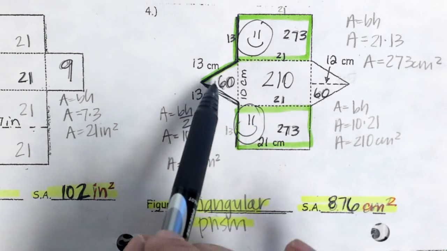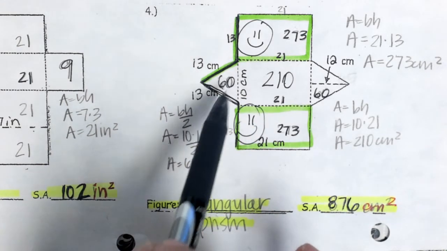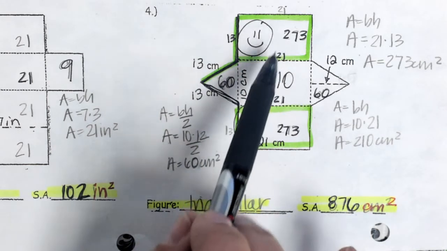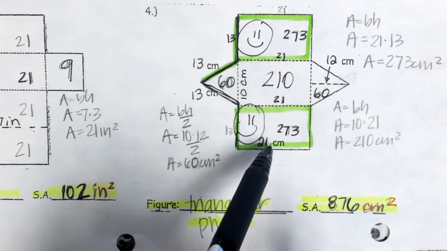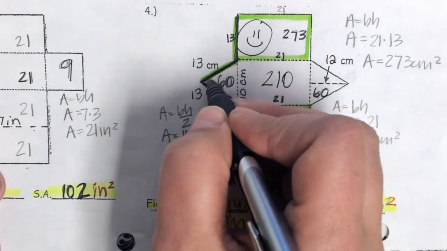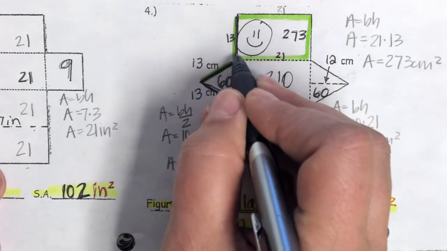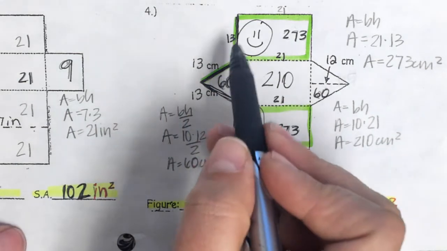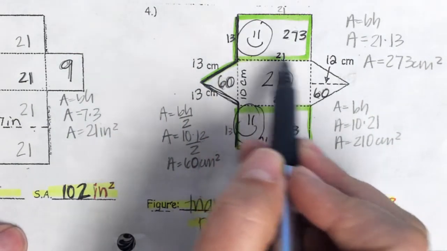So because it only has 2 equal sides, and this bottom side is a different measurement, all of your rectangles will not be the same. So if you look here, and remember we said when we're folding paper, this side has to match up with this one. Because our box has to be perfect, so this side is 13, this side is 21.